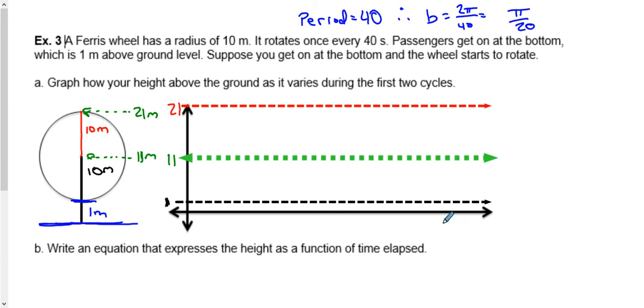So we have our time here on the bottom, and it says that it rotates every 40 seconds. So right now I need to divvy up this bottom into about 40 seconds, and it's looking for the first 2 cycles. So if I cut this right in half, right around here, I'm going to label that as 40. The next half here, let's label that as 80, because that's going to be 2 full cycles.